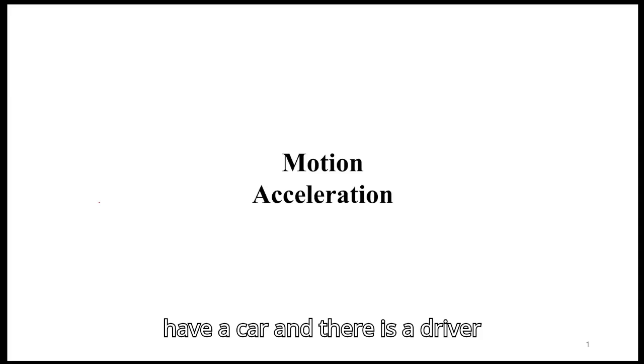And when we say reference, we can give an example. Say we have a car, and there is a driver and a passenger, and there is one person standing outside the road.